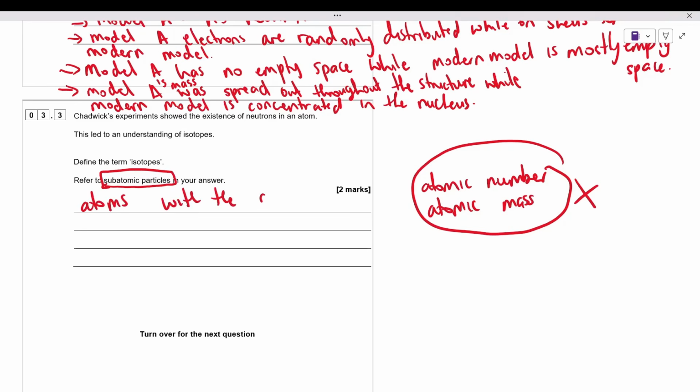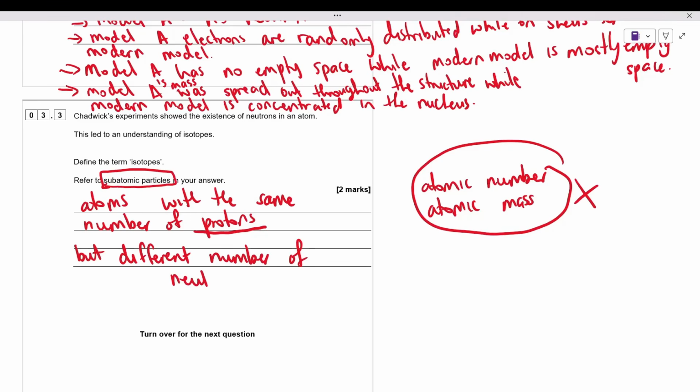So isotopes are atoms with the same number of protons but different numbers of neutrons.